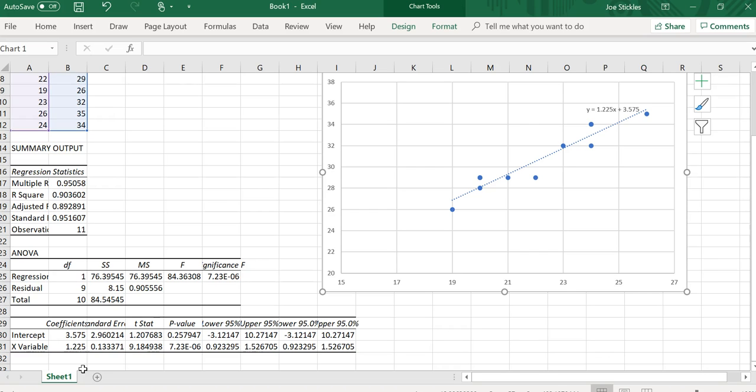So I can take my normal distribution, beta hat minus beta over the square root of this thing.